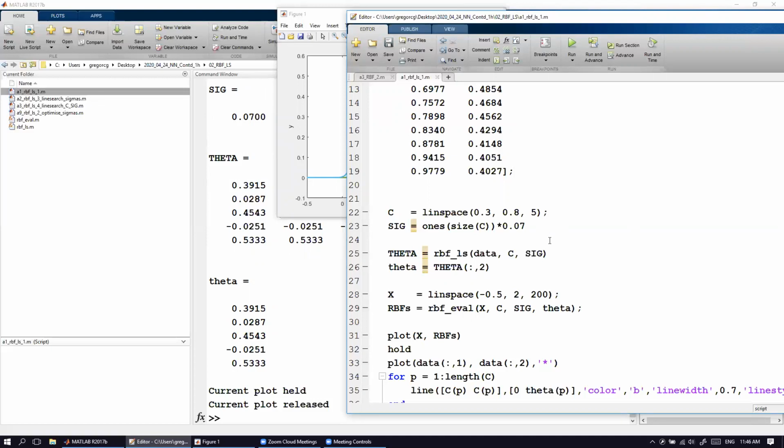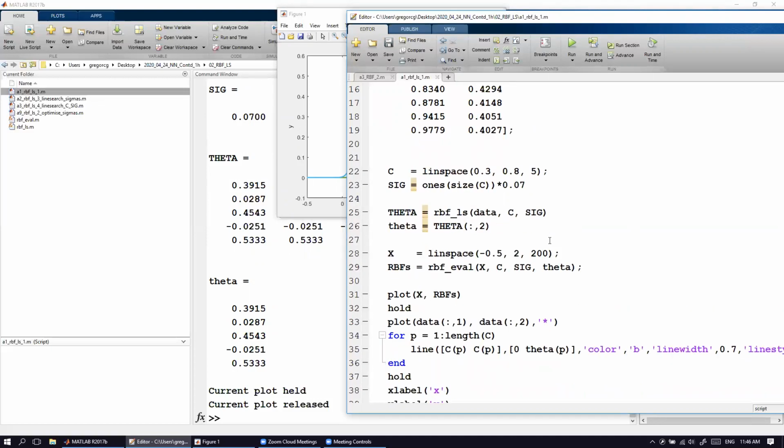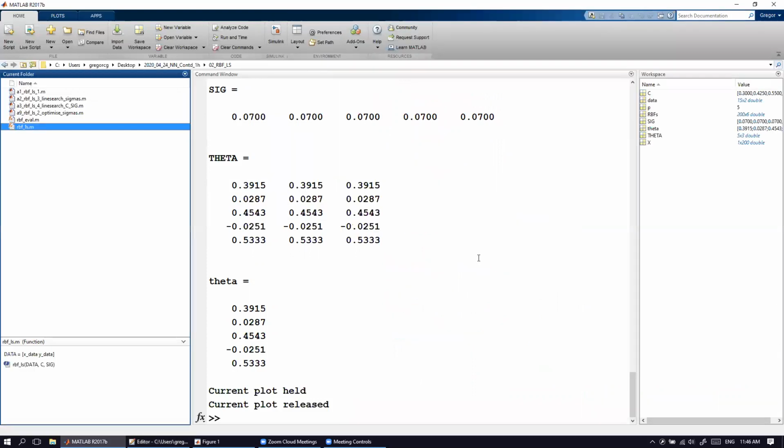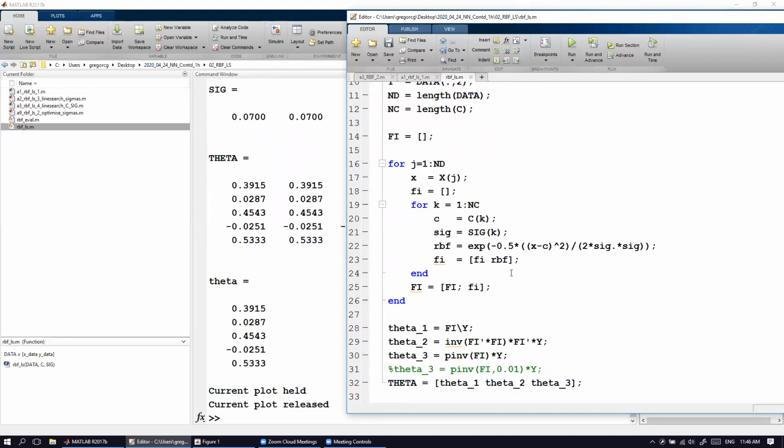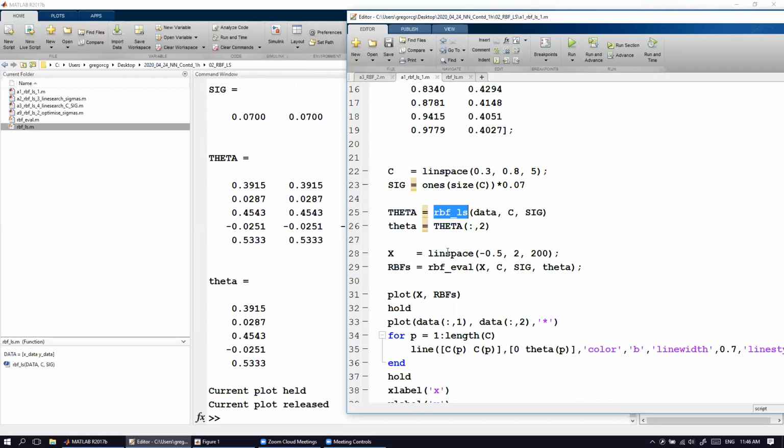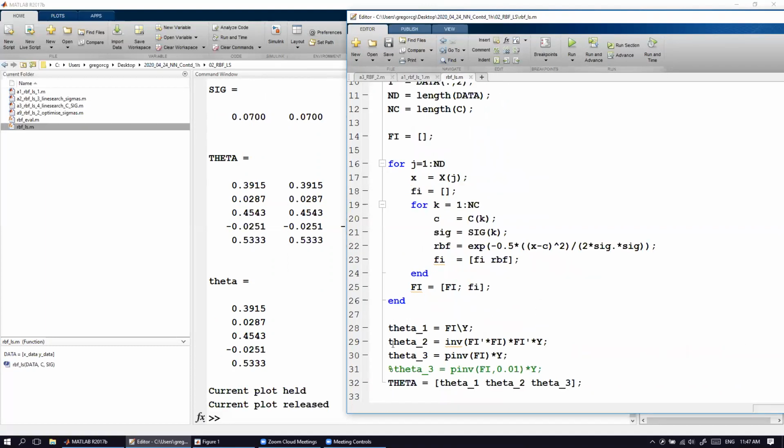And we use here, as I said, the least squares algorithm. The least squares algorithm is actually embodied in this particular function, which I'm going to open. I am using here theta number 2, using the standard least squares algorithm.